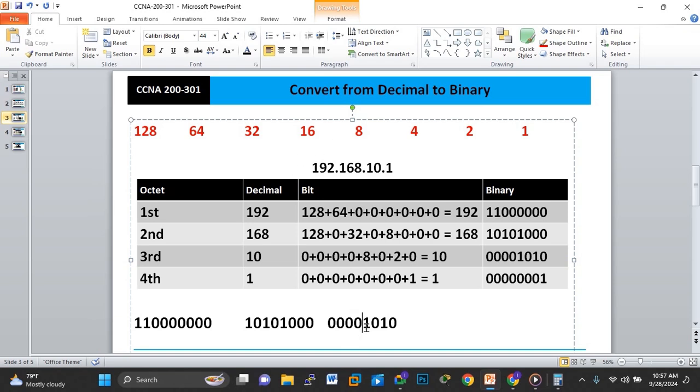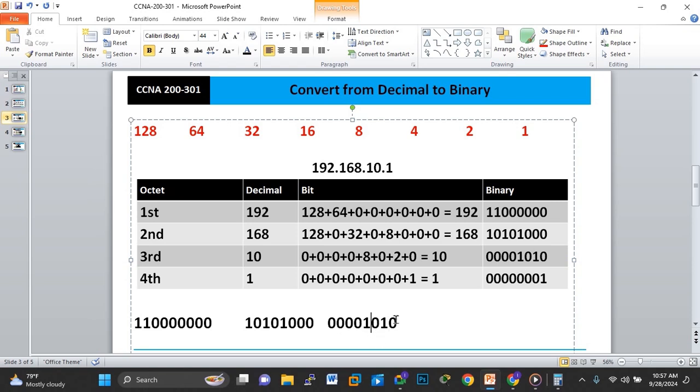Under the 8 we have 1. The 4 is off. Under the 2 is 1, and this last one is 0. So our binomial is 0, 0, 0, 0, 1, 0, 1, 0.